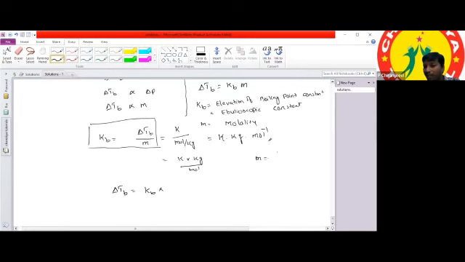Molality is equal to weight by molecular weight into 1000 divided by weight of the solvent. So Kb into weight into 1000 divided by molecular weight of the solute into weight of the solvent.